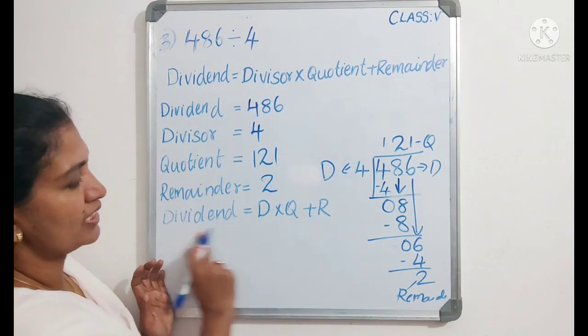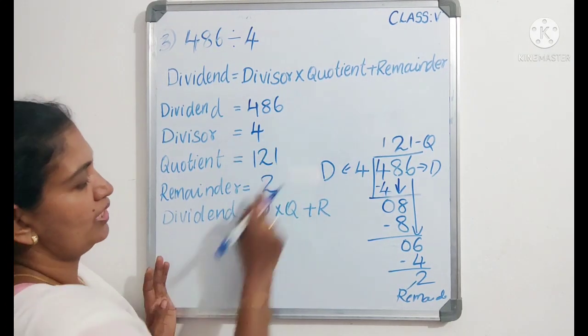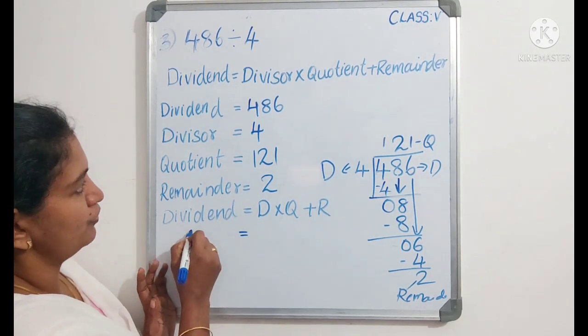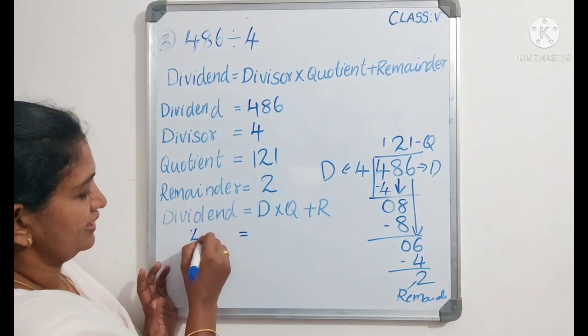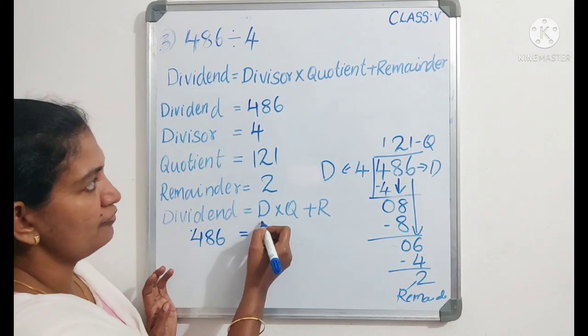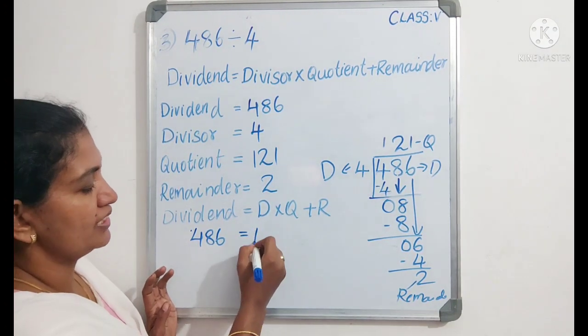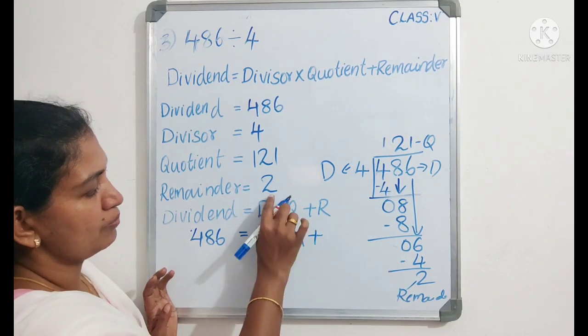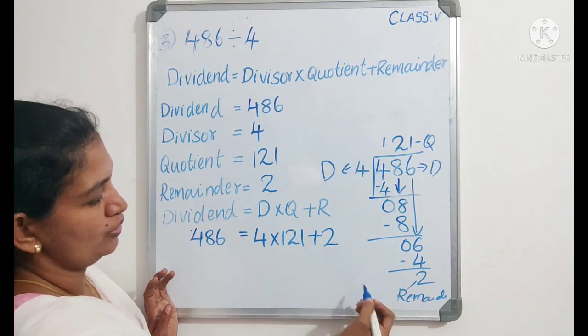I wrote this formula in short this way: 486 equal to divisor 4 into quotient 121 plus remainder 2.